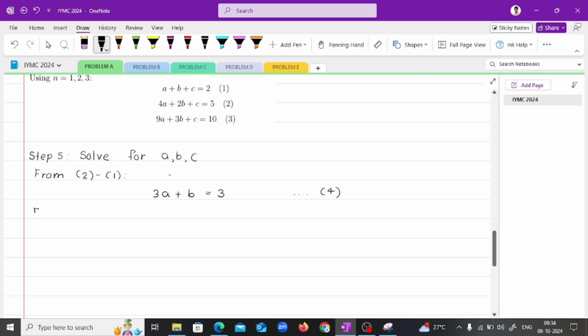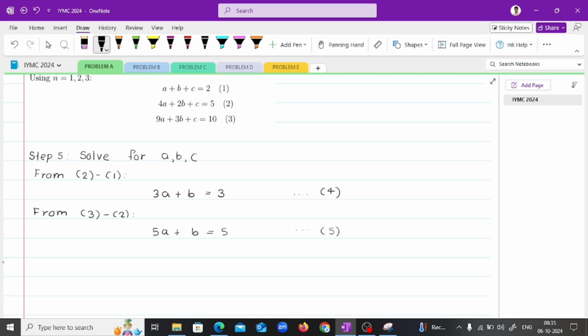Now we will subtract equation 2 from 3. We get 9a minus 4a, that is 5a. Then 3b minus 2b is nothing but b. Then c minus c is equal to 0, and in the RHS 10 minus 5 is equal to 5, so I will give number 5 to this equation.